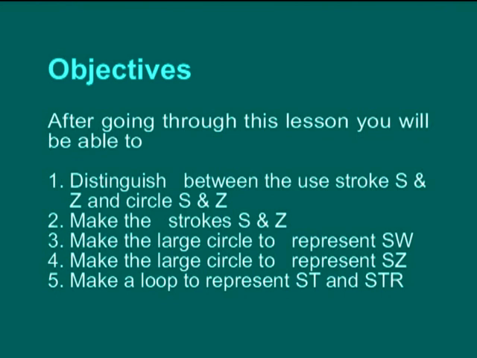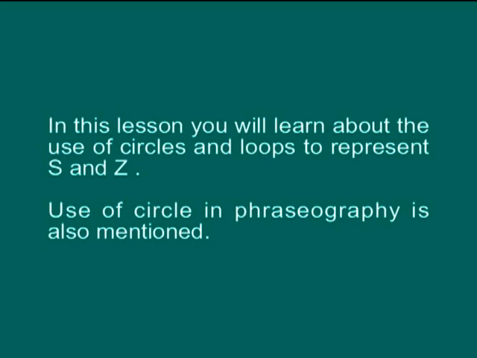After going through this lesson, you will be able to distinguish between the use of strokes S and Z and circle S and Z. Make the strokes S and Z. Make the large circle to represent SW. Make the large circle to represent SZ and make a loop to represent ST and STR. In this lesson, you will learn about the use of circles and loops to represent S and Z. Use of circles in phraseography is also mentioned.